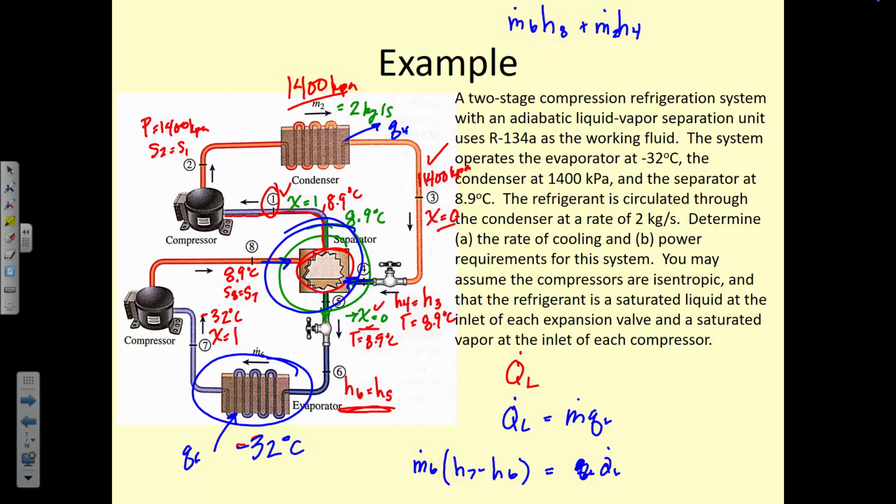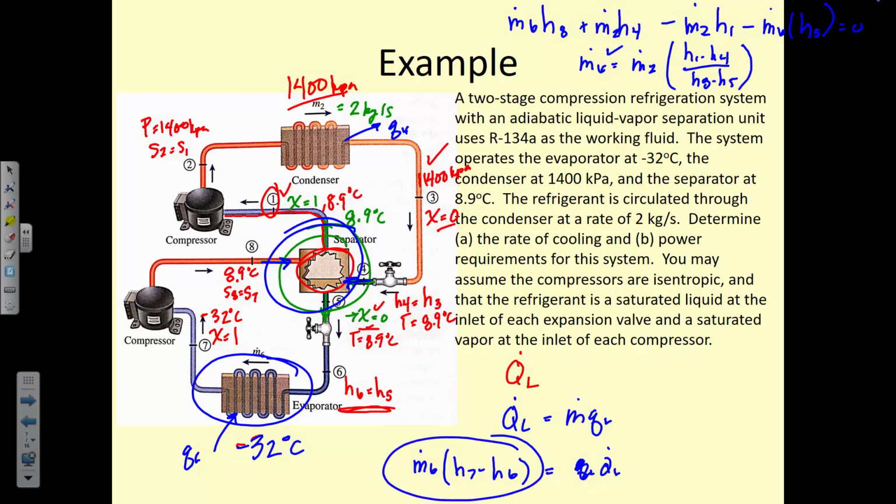It's M2 times H1 minus M6 times H5 is equal to 0. So then we solve: M6 is equal to M2 times H1 minus H4 over H8 minus H5. So now we know M6, we can plug it into this equation to find Q dot L. That's part A.